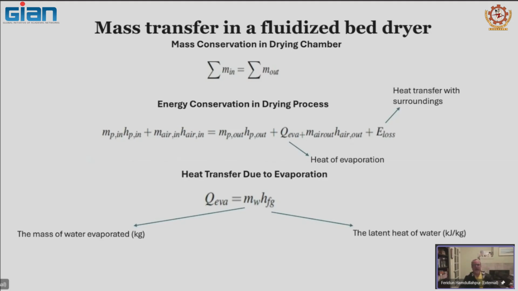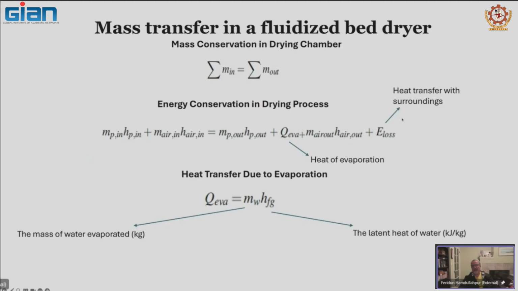And then you apply energy conservation and the enthalpies and masses, and this from the particle, from the air, will be equal to all of these plus heat of evaporation.